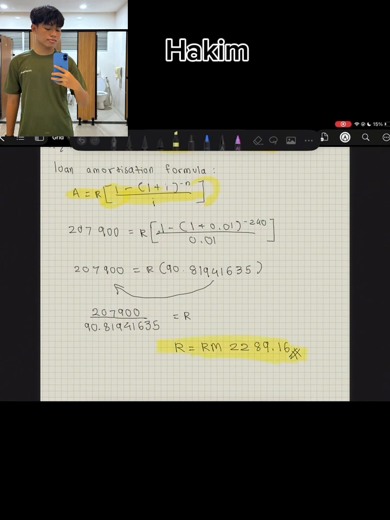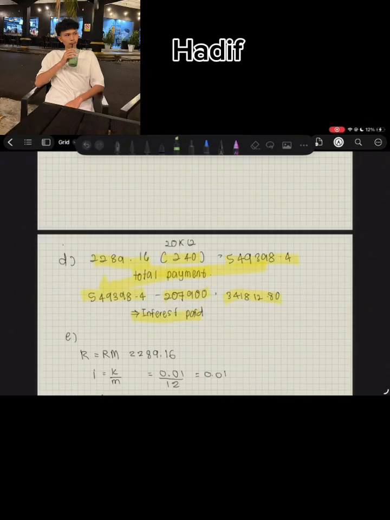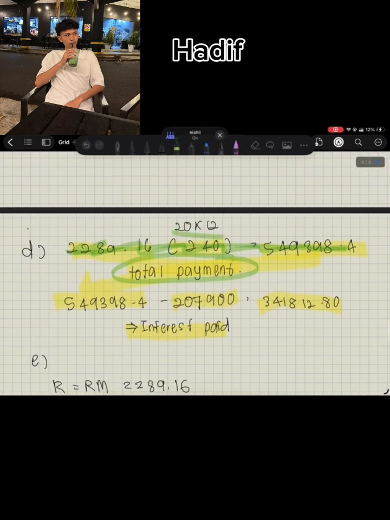Okay, next I will pass to my partner Hadif. First we must calculate this to get the total payment in 20 years. And how to get the interest paid?